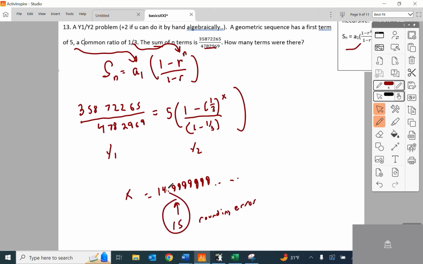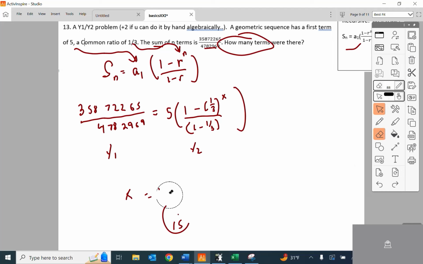But it's 15. Alright, so by hand, I will knock off points if you put 14.9999999 because you have no common sense. It says how many terms. It's going to be a whole number. Alright, by hand. Oh, this could be kind of ugly, wouldn't it? Alright, so what can we do?